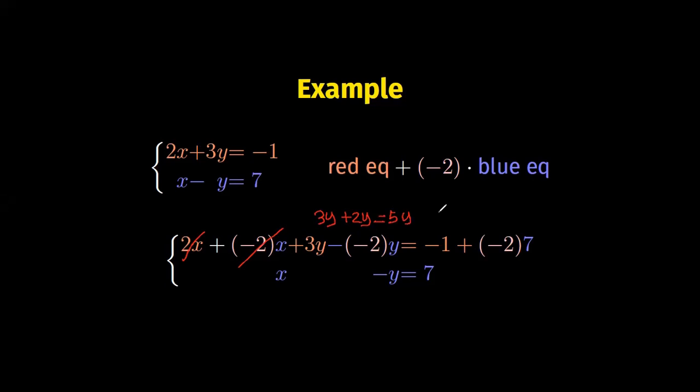And on the other side of the equality, we have minus 1 plus minus 2 times 7. That means minus 14, which is equal to minus 15. Now, let's rewrite those computations in a nicer way.